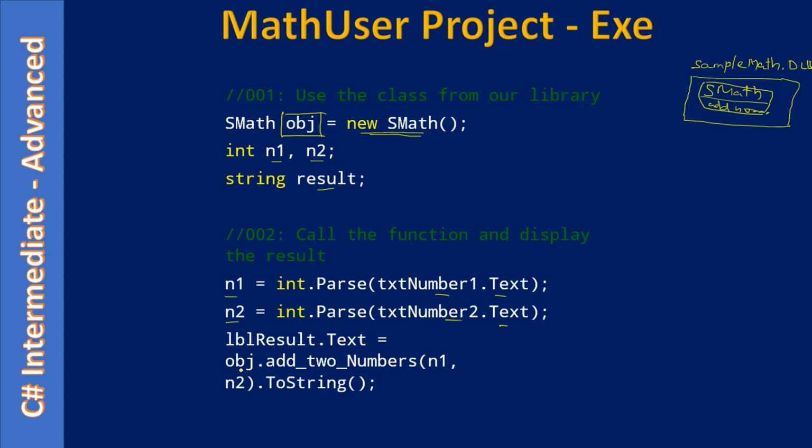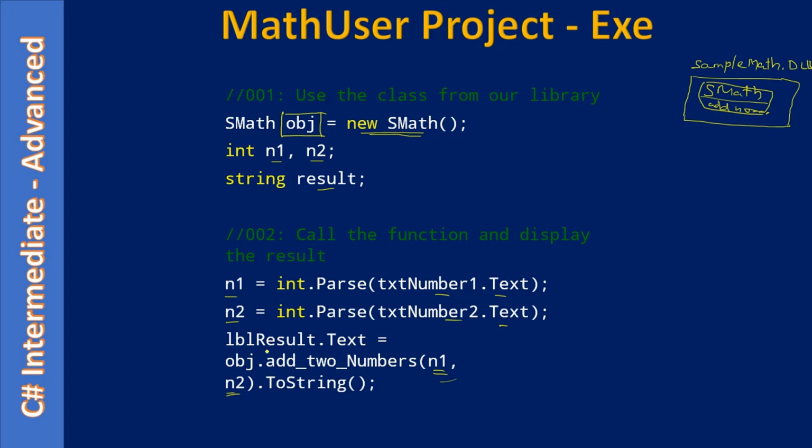Then we are making a call to obj.add two numbers, and the numbers n1 and n2 are passed from our Windows form project. We take the input from the two text fields. We parsed it already. Then we are passing it to add two numbers. So here is the dot. Add two numbers will return a number, and that number we are converting to a string.